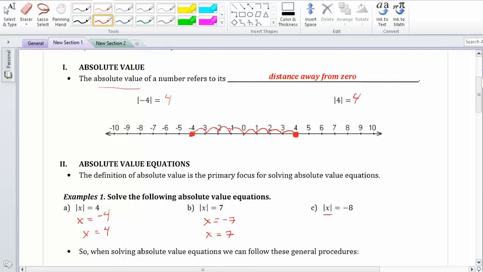We have the absolute value of x equals -8. We said before that the absolute value talks about the distance away from 0. Can you go a negative distance? Can you say that you drove -20 miles? That doesn't make any sense. When you do absolute value, you have to have a positive result.